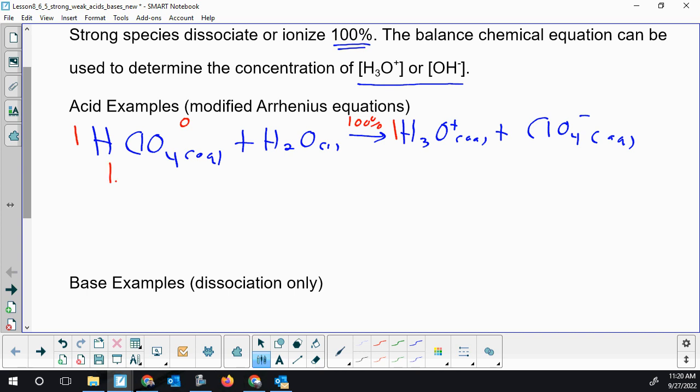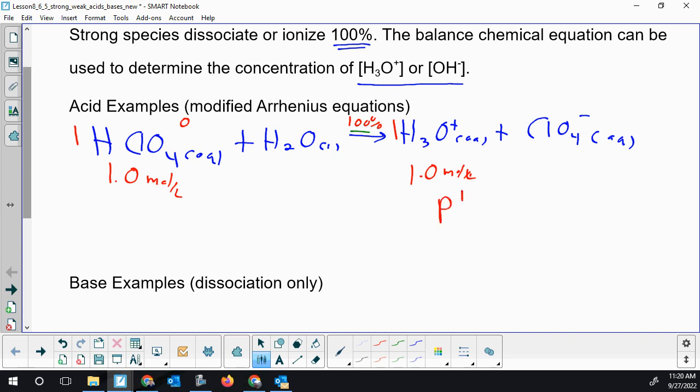So if we have 1.0 moles per liter of perchloric acid at the beginning, 100% of it will turn into hydronium. So at the end, we would have 1 mole of that, which would let you figure out the pH of the solution.